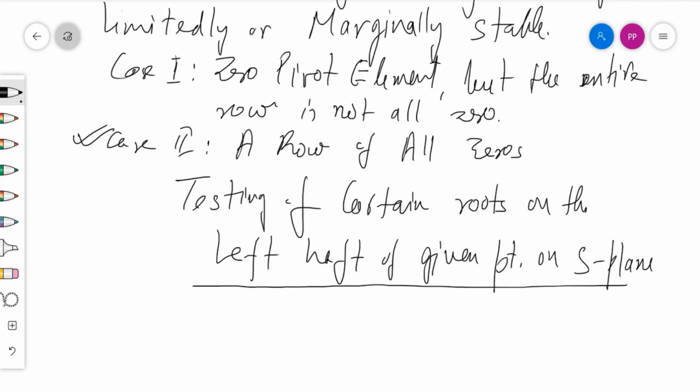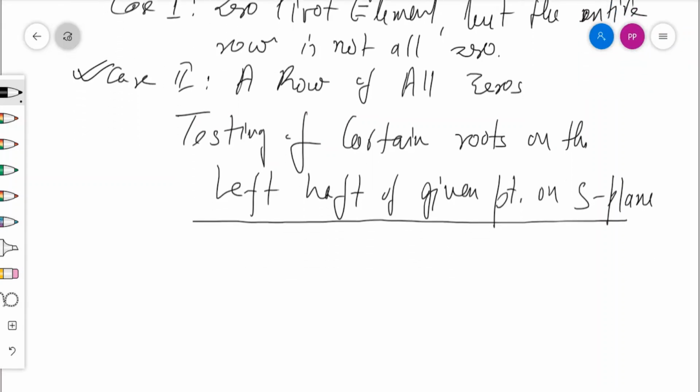Such problems should be taken care of by shift of origin.